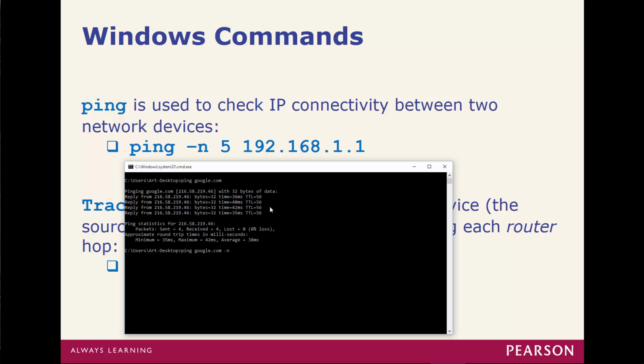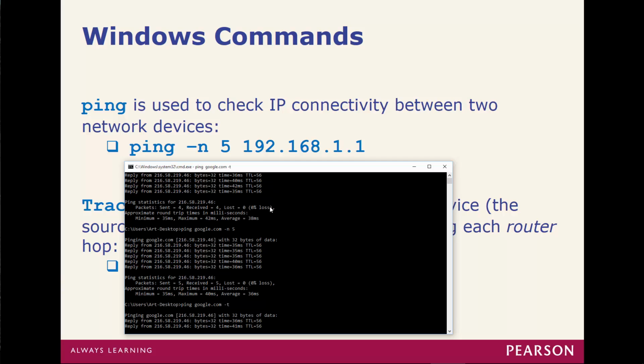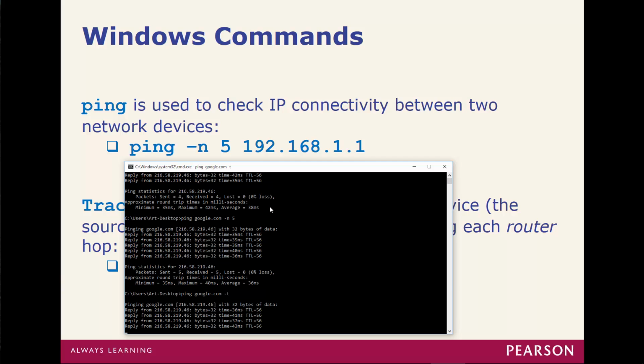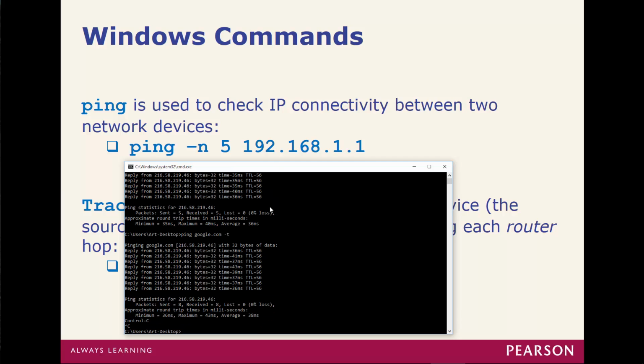So -n space and the number, it will ping that number of times. I put -n 5, it should ping 5 times. If I do -t, it will ping continuously. You can ping the IP address and or name, it doesn't really matter.